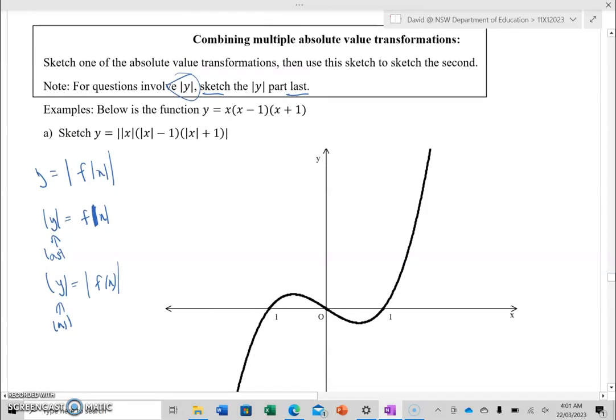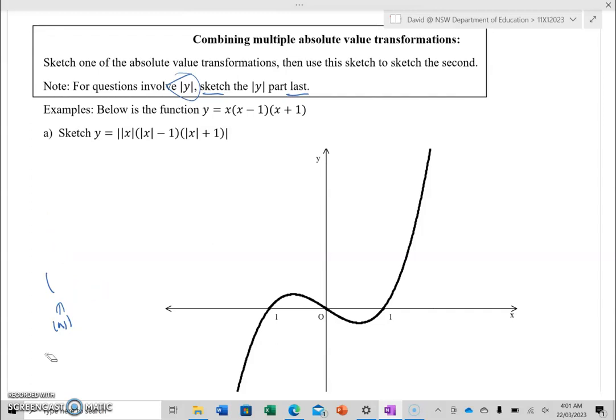Alright, so here's a sketch. They've sketched this graph here. They want us to sketch this transformation. Notice that x has been absoluted everywhere, and also that the whole function on the right hand side has been absoluted, which means this is y equals absolute f of absolute x.